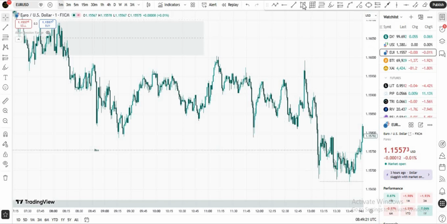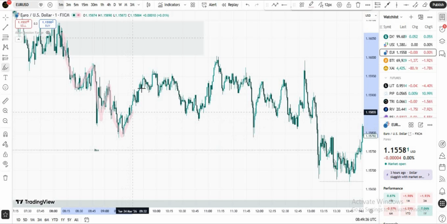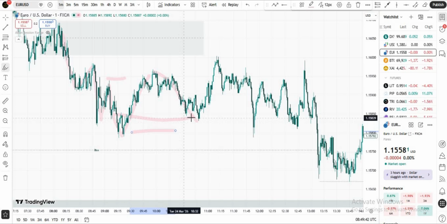So this is it now. Follow the drawing, right? This is where we have a breakout of this block and price pushed up a bit, came down, pushed up, gave us a new lower high and a lower low. Then price pushed up, took out this high, came down again, reacted on this block, then pushed up again and gave us another fractal break of structure.